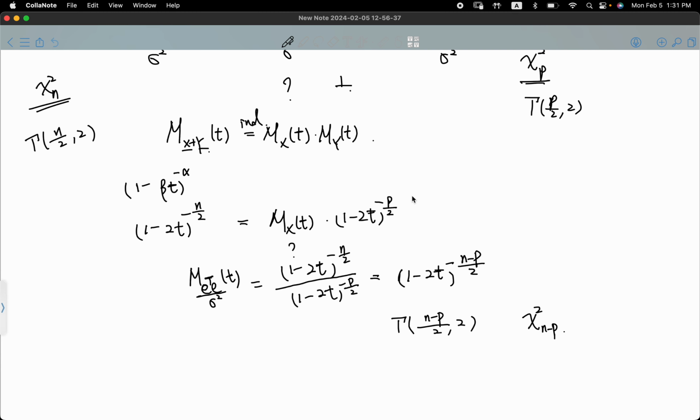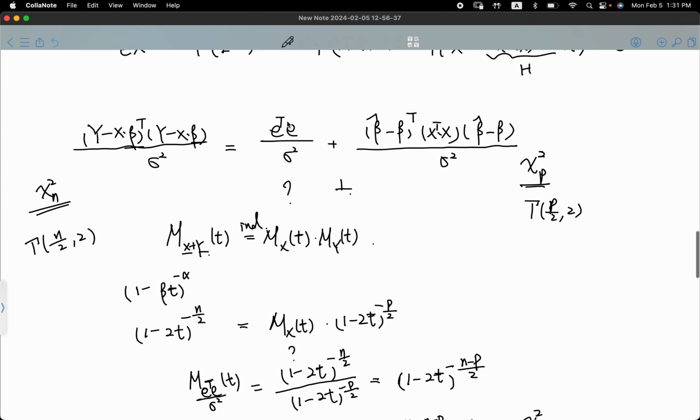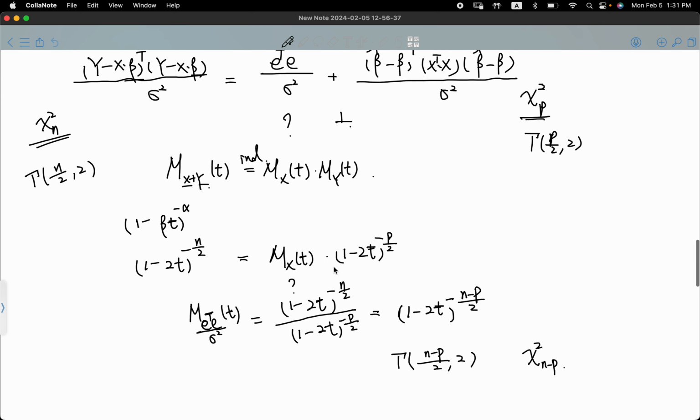Okay. So because E and beta hat are independent, and we know that the left-hand side follows a chi-square distribution with degree of freedom n, and this follows a chi-square distribution with degree of freedom p, we use the moment-generating functions of the two gamma distributions, taking the ratio, because they are independent, so the product equals the left-hand side.